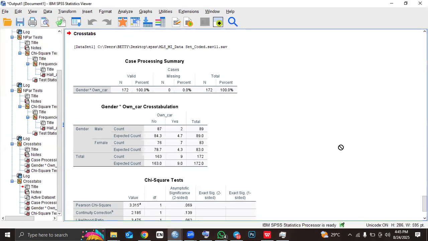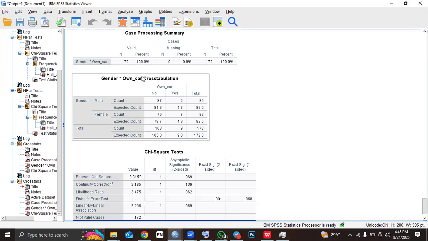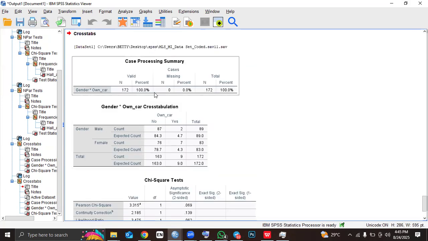for our analysis where we cross gender and own a car. This is a summary of everything. In the case processing summary, we have the number of valid cases, the number of missing cases, and the total number of cases.